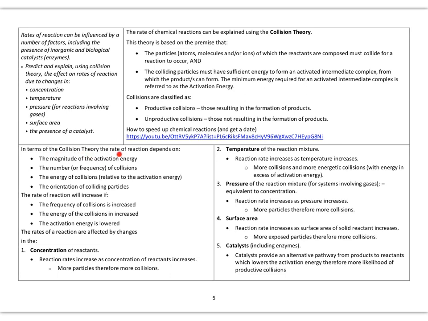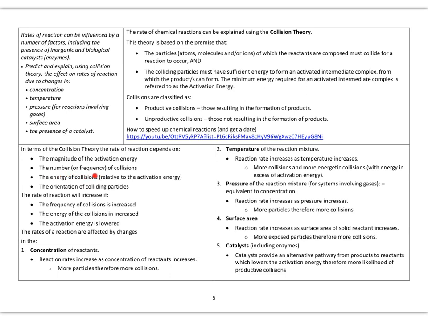So in terms of collision theory, the rate of reaction depends on the magnitude of the activation energy. So if we have a high activation energy, that means that we'll probably get not many productive collisions, because not many particles will have enough energy to have a productive collision. So then we will get basically a low rate, a very slow reaction, because there isn't many products forming.